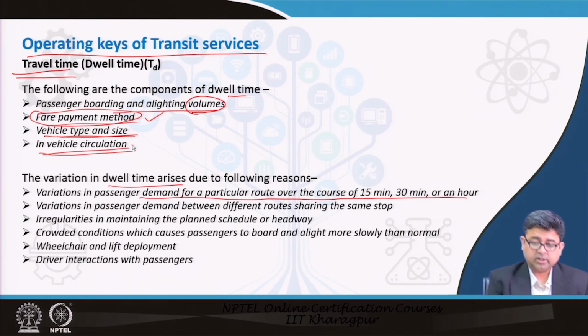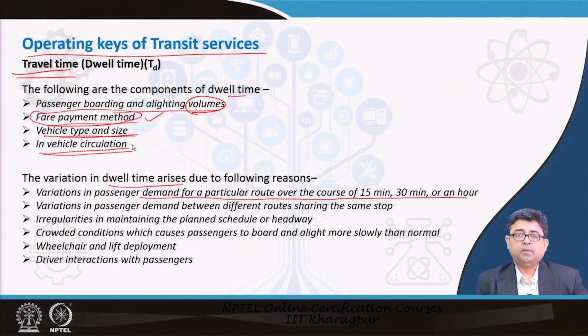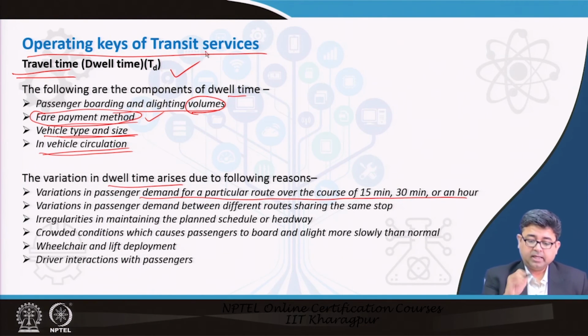And in vehicle circulation, if there are multiple vehicles working on that route, that also helps reduce the dwell time, as people know that there will be a next bus coming in 2 minutes' time. So, they would not want to keep the first bus waiting for a longer period of time. All of these factors impact the dwell time, which in turn impacts the capacity of the public transportation system.